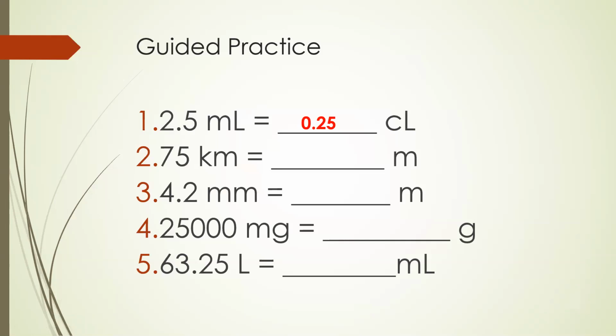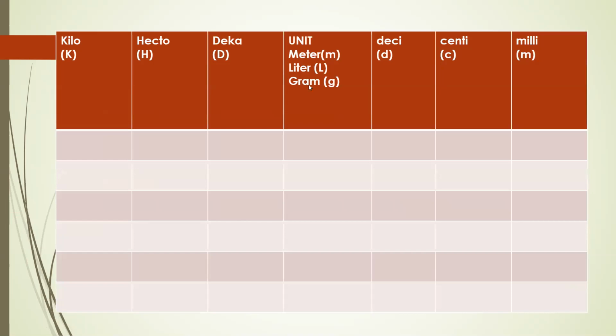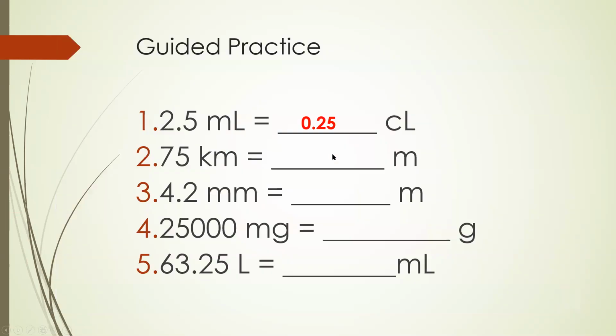And the same thing with 75 kilometers is how many meters. So let's go back. 75 kilometers, so 75 with a 0, and then I would move it 1, 2, 3 decimal places. So let's check that out. That would be 75,000 meters.